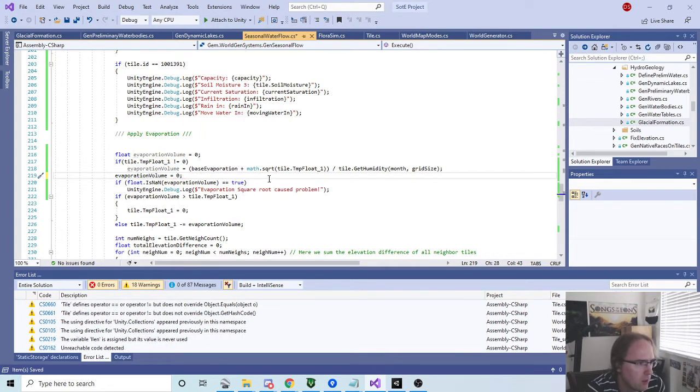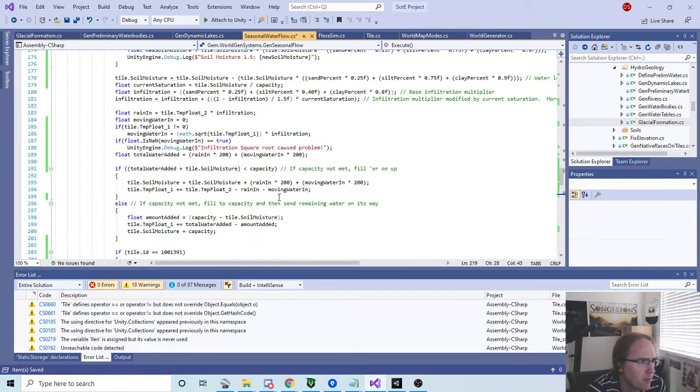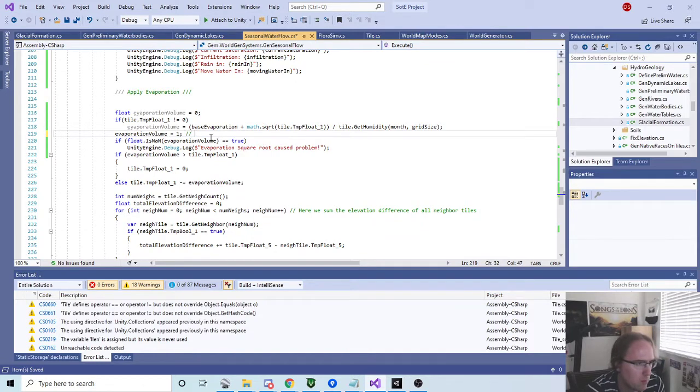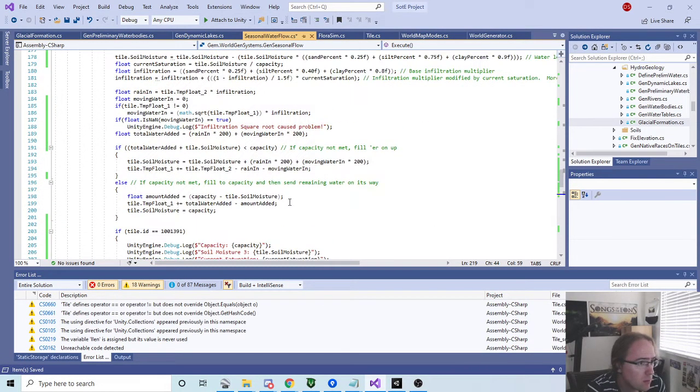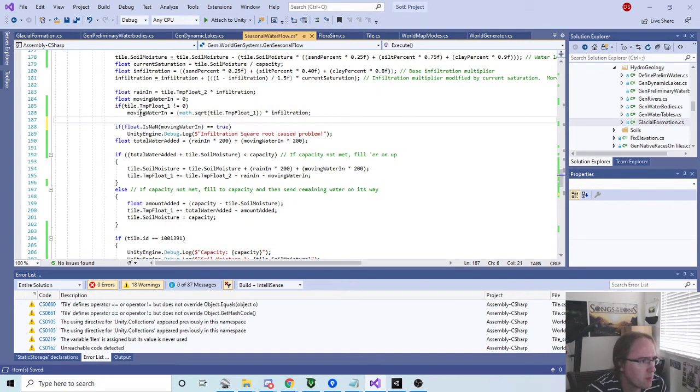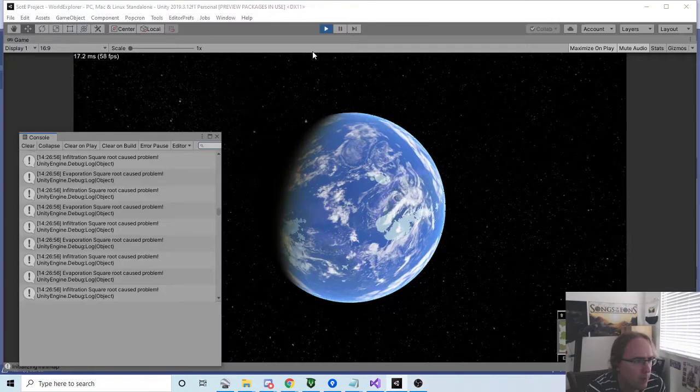We are going to make evaporation volume 1. We're going to make moving water in 1.